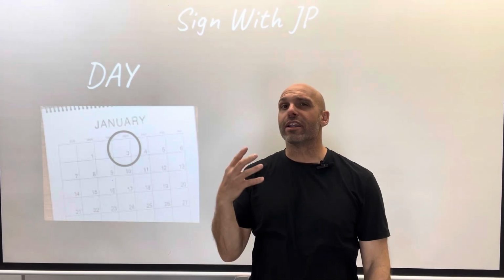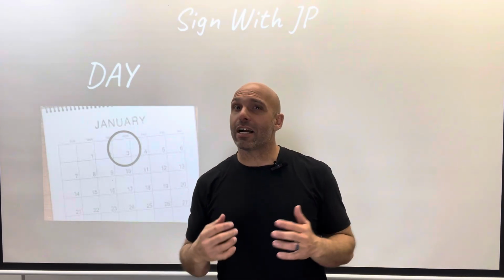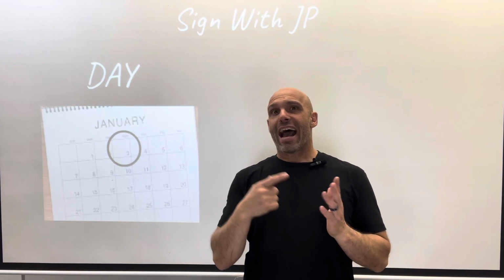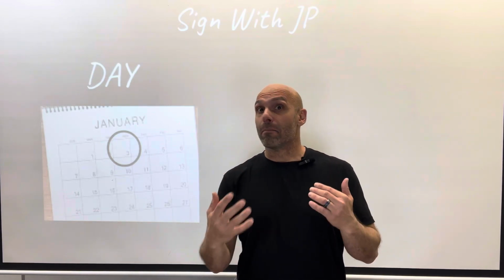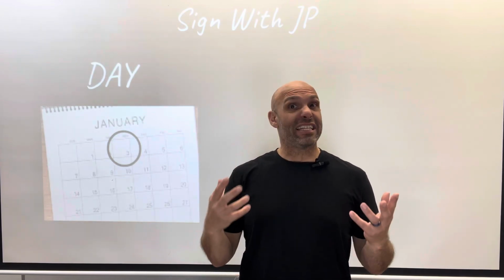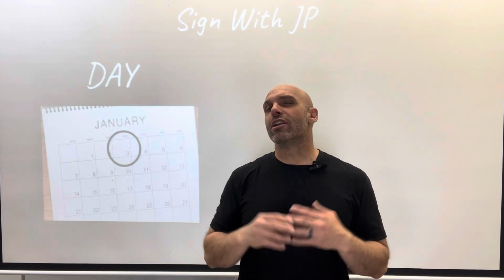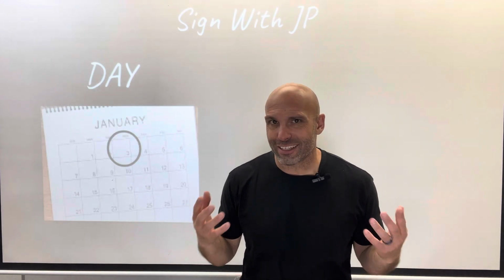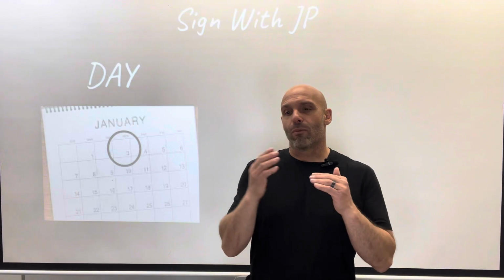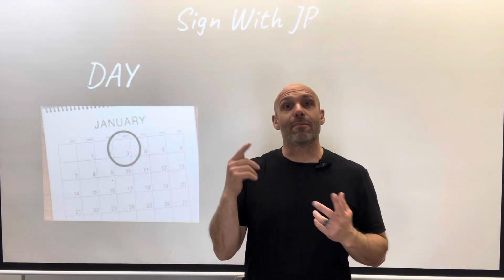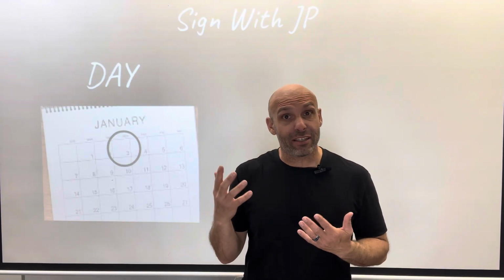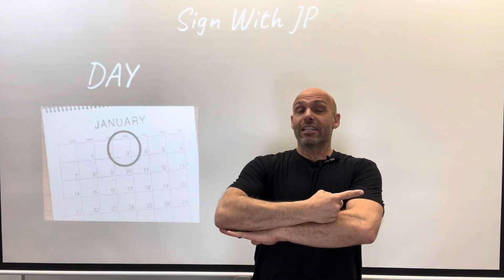That means 1 day. The unique thing about day, hour, minute, week, month, and even year is that we have number incorporation in there. That means from 1 through 9 can be signed in the sign. So for example, this means 1 day.